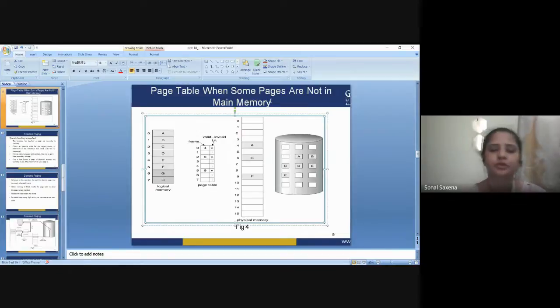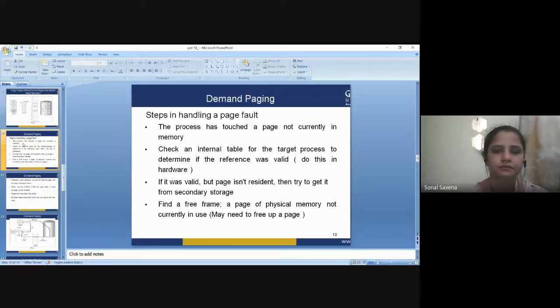These are the steps in handling a page fault. See, the process has touched a page which is not currently available in the memory, right?